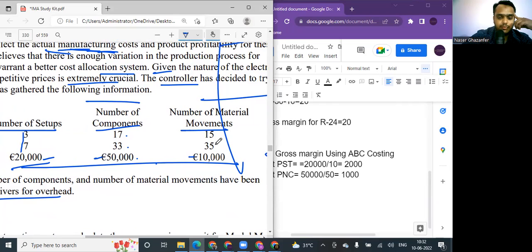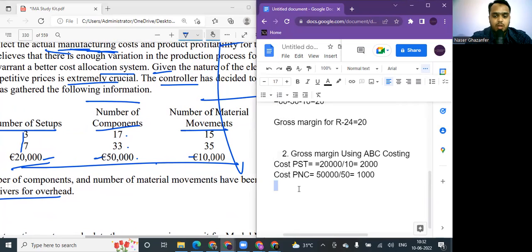Then here is how much? 15 plus 35. It is 50 and 10,000 here. So I'll put down cost per material movement. The cost for material movement is equal to 10,000 divided by 50. 10,000 divided by 50.